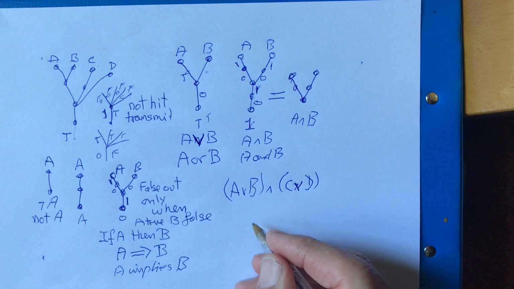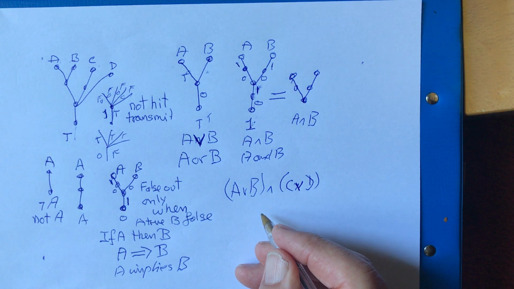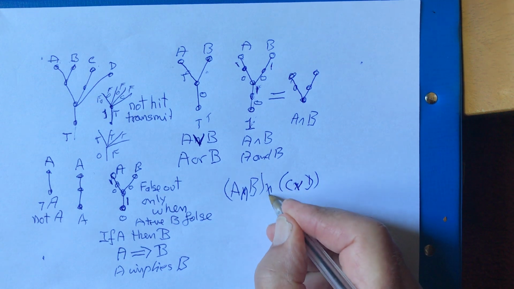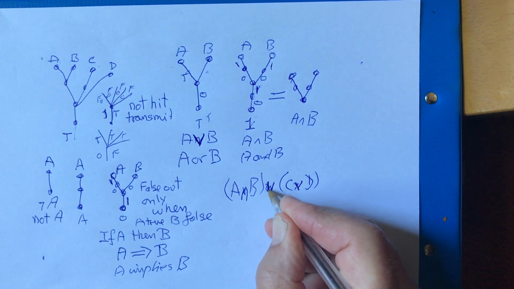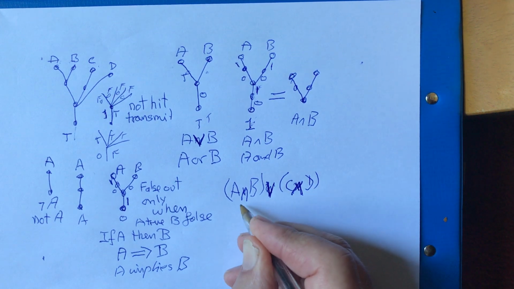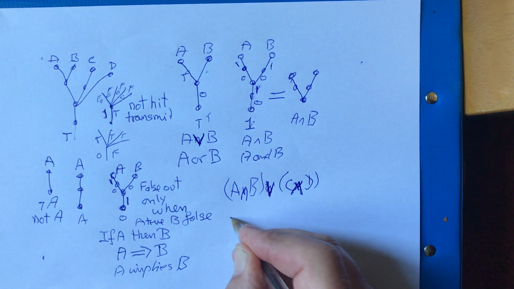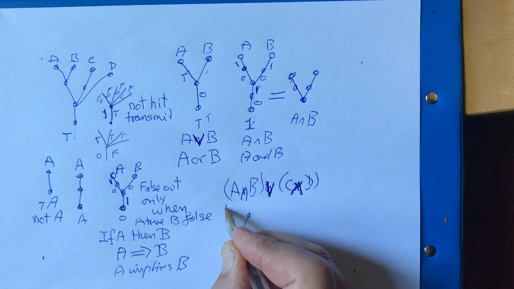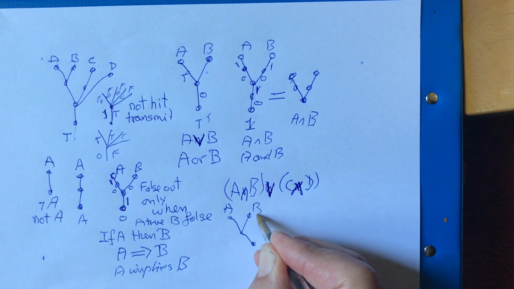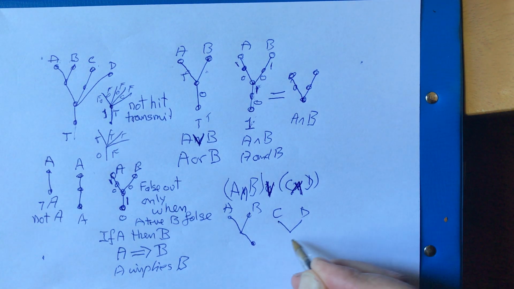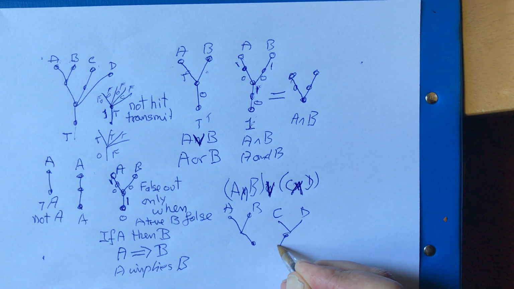Well, no, I don't want it. I want it the other way around. I want A and B. I'll let you do that one as an exercise. Or C and D. So A and B is that. A, B. C and D is that.